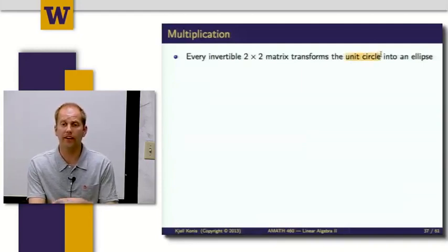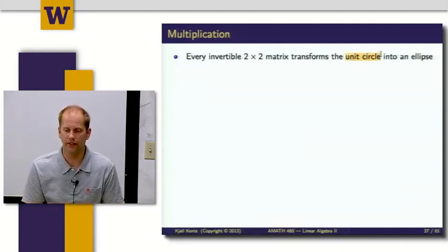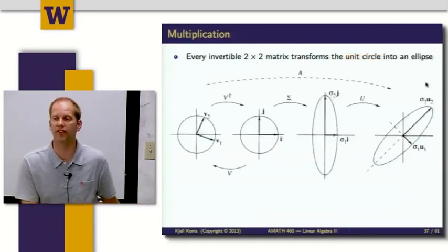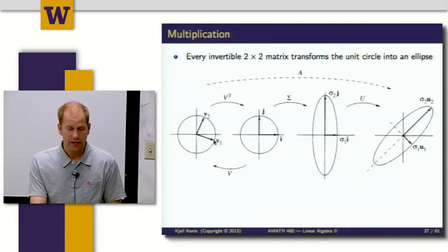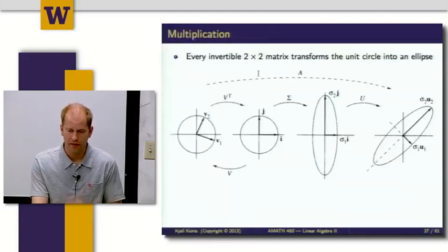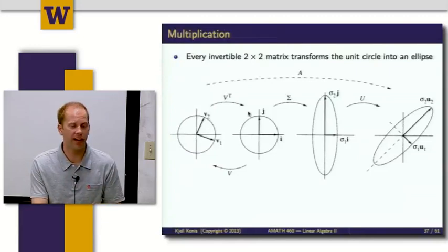This set of vectors of length 1 is called the unit circle. When I multiply that by a 2 by 2 matrix, it's going to turn that unit circle into an ellipse. I've got this picture that everybody shows for this. What ends up happening is you have these two directions that are kind of hidden. They depend on the matrix that I'm multiplying by. In this case, my matrix A has these right singular vectors, V1 and V2.